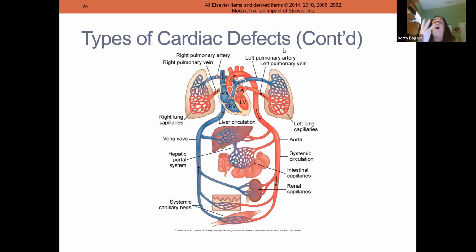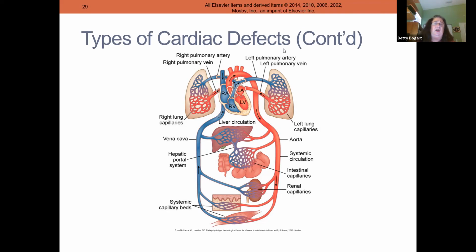Well, some of them go up the subclavian and up into the head, right? Also, it's going to go to the upper body, the arms. The upper extremity blood pressures are 20 millimeters of mercury higher than the lower. Blood can't get to the lower part, so it's lower, and it's going to be higher in the upper extremities.